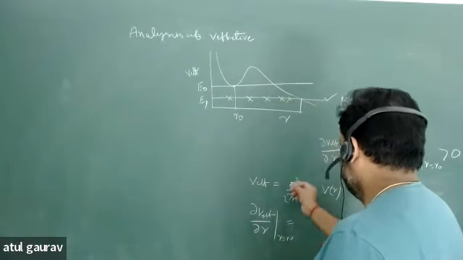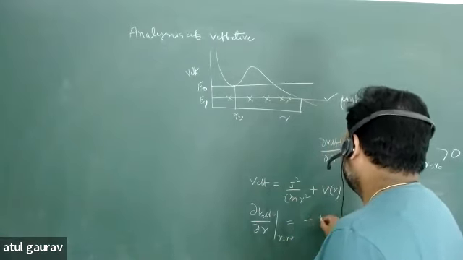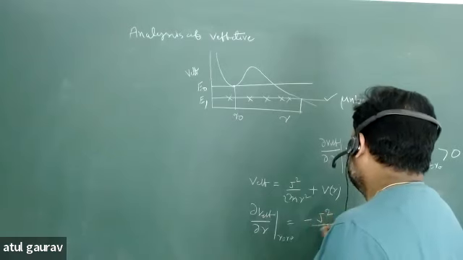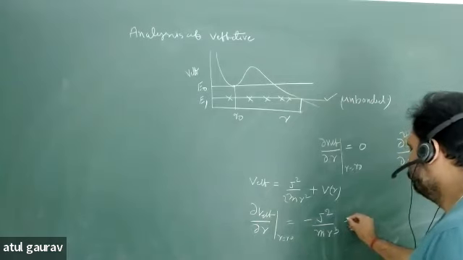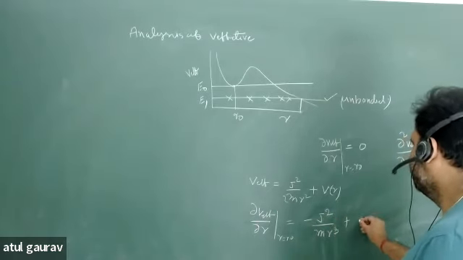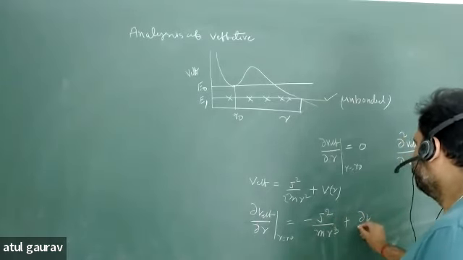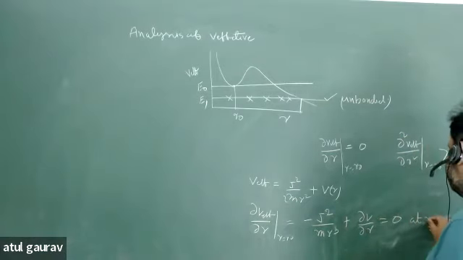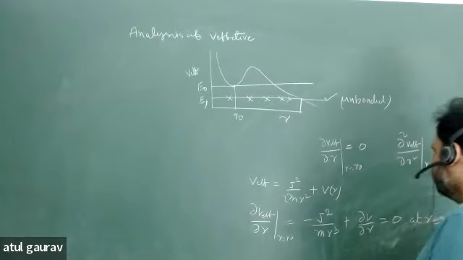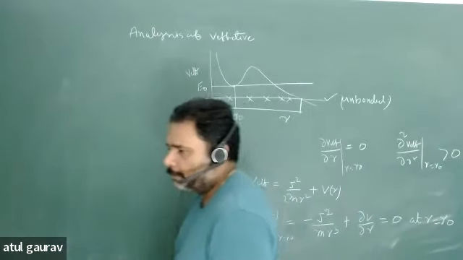That must equal 0. So if we differentiate it, what is this value? Minus J square upon mR cube plus del V upon del R must be equal to 0, at R equal to R naught.